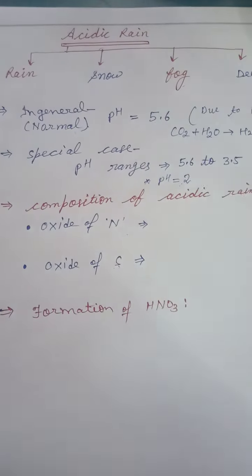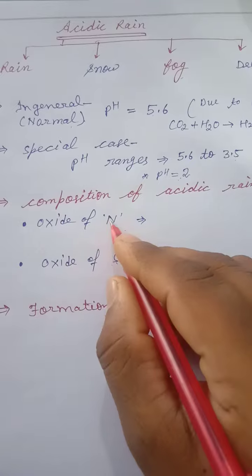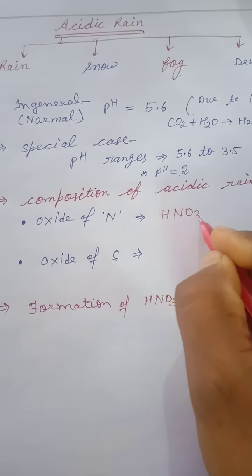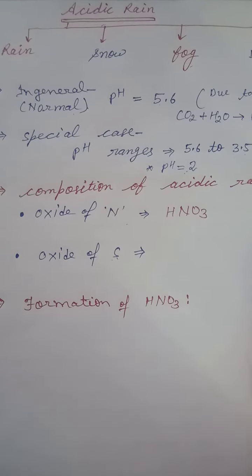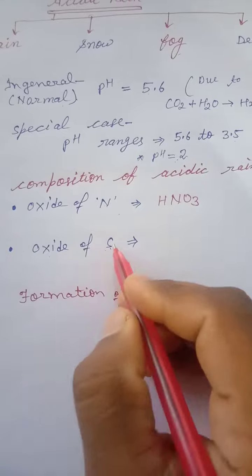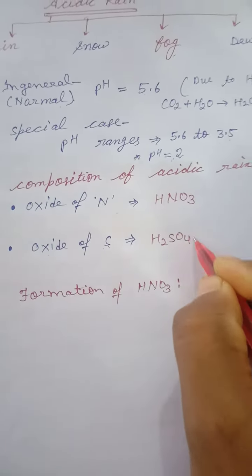The oxide of nitrogen will convert into HNO3, nitric acid, and the oxide of sulfur will convert into H2SO4, sulfuric acid.